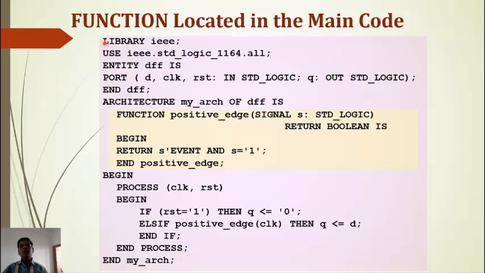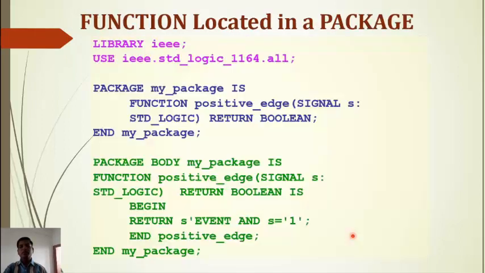So in this way the function is located in the main code. Here the function is positive_edge(signal S: std_logic) return boolean; if it is positive, then Q is equal to D.